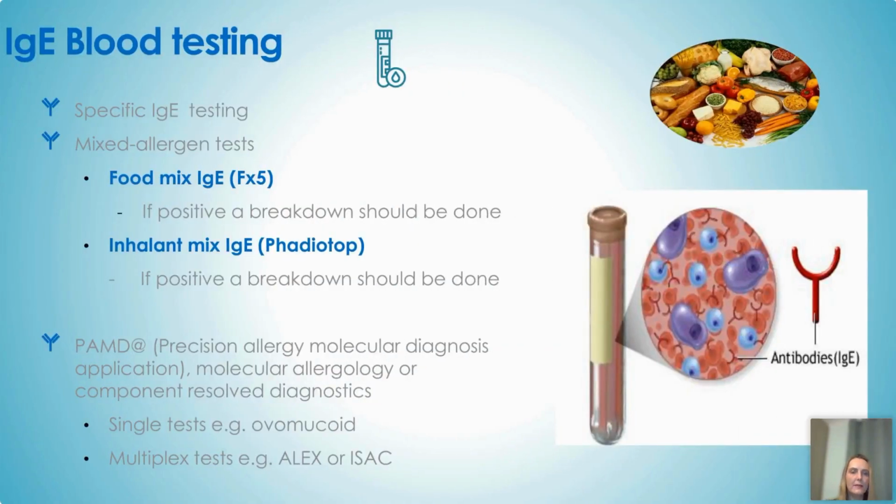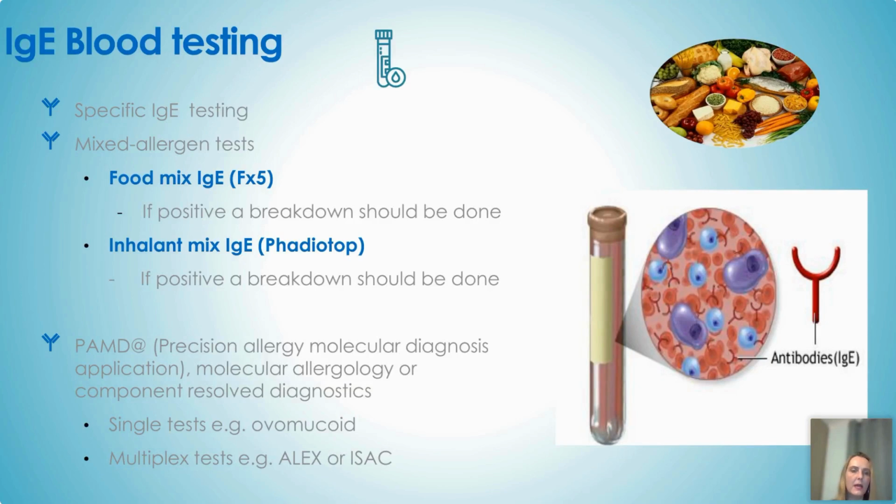And just looking at blood IgE testing, there are different options available. We have specific IgE testing, which is the ImmunoCAP testing, and then mixed allergen testing, where you have a food mix, which is also known as the FX5, and if it's positive, a breakdown should be done.